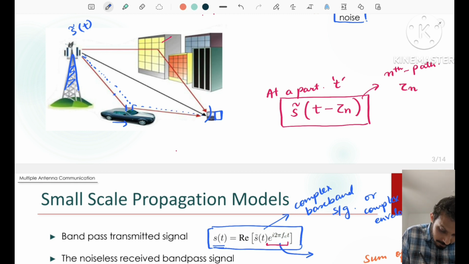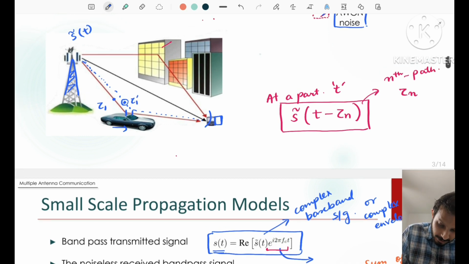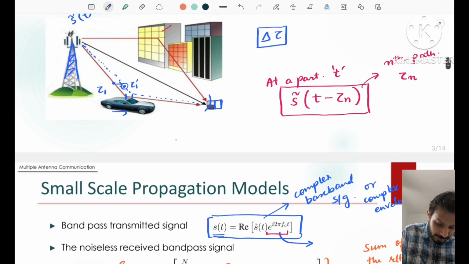Let's say the propagation delay across this path is tau 1, and the propagation delay across this path is tau 1 dash. And we would like to see the effect of a small change in the path length of each path, and how much it affects the phase of the signal.